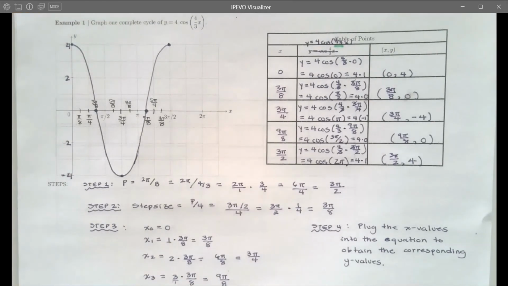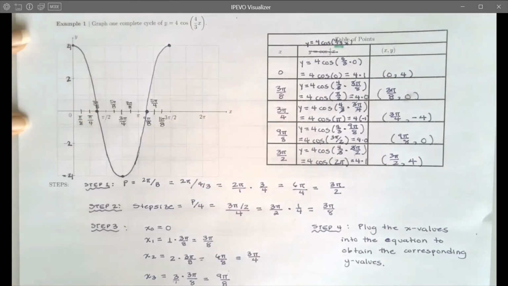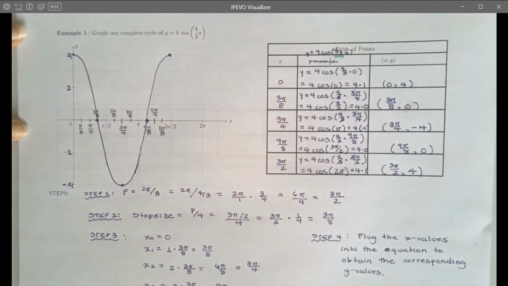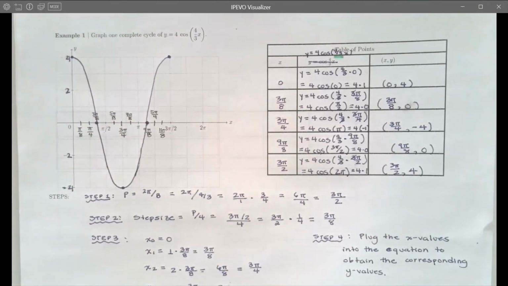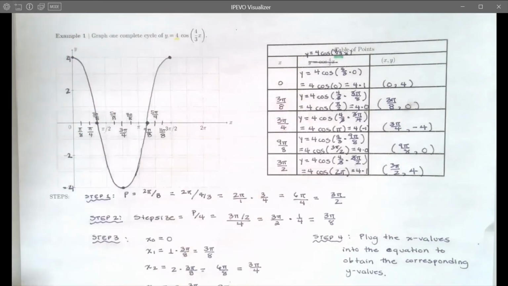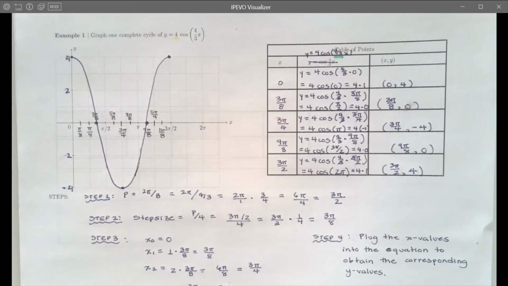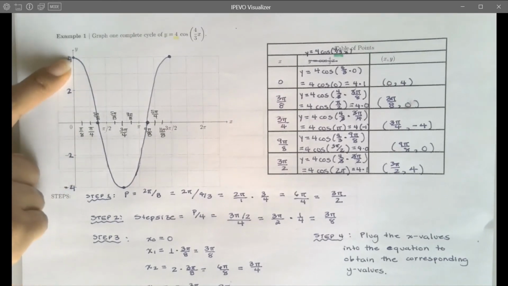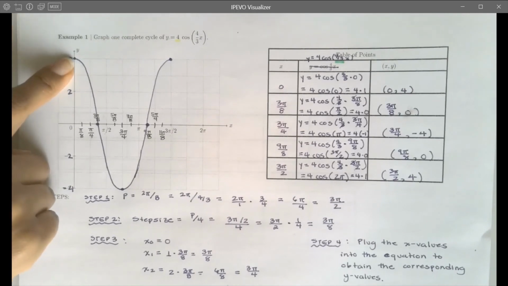If we look at the characteristics relative to the original equation, the 4 in front of the cosine tells us that the amplitude we should have been expecting was an amplitude of 4, right? And because that coefficient of cosine is positive, we do not expect a reflection about the x-axis. And so that's exactly what we're noticing with the graph. We're starting at 4, which is how cosine starts its graph.